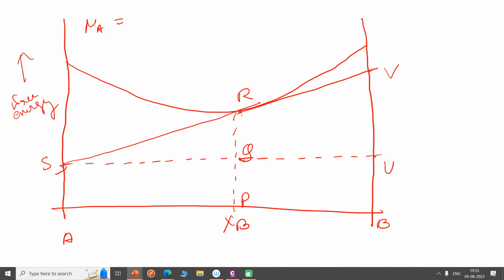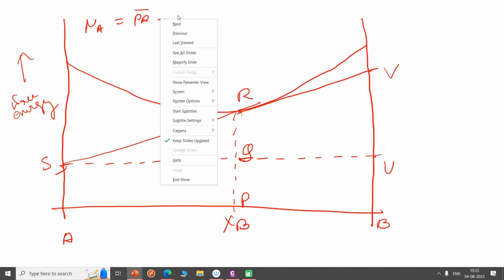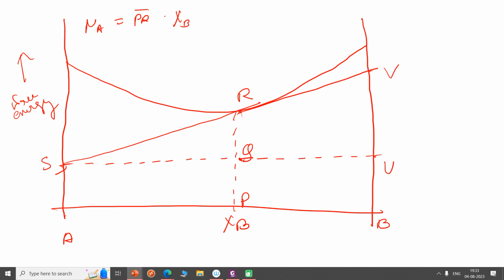ER minus φB times the QR segment. So ER minus QR will give you this part, right?